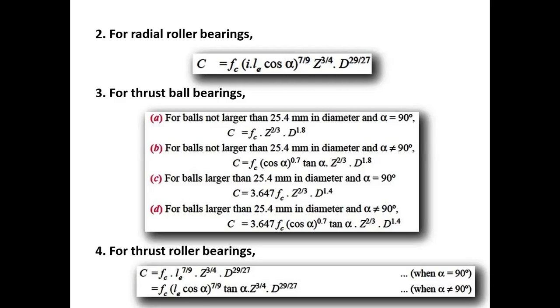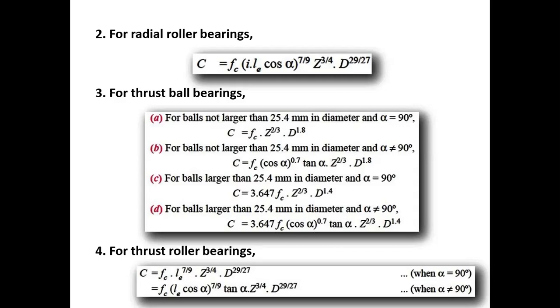But if the angle is not 90 degrees, then the load carrying capacity is C equal to Fc cos alpha raised to 0.7, tan alpha, into Z raised to 2/3 into D raised to 1.8. For a ball larger than 25.4 mm in diameter and alpha equal to 90, the value of cos 90 is 1, so the load carrying capacity C is 3.647 Fc Z raised to 2/3 into D raised to 1.4.